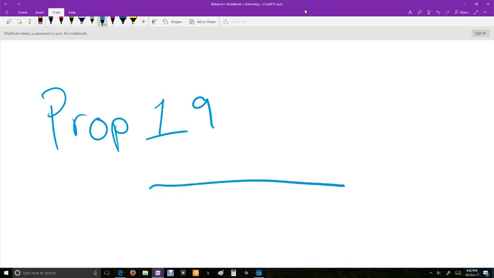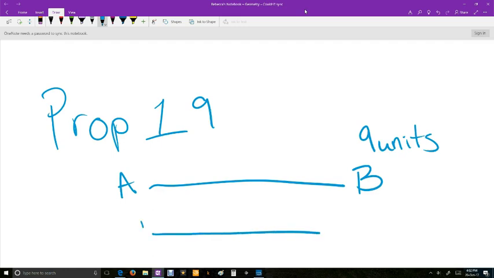We have AB. AB is 9 units long. We have CD. CD is 6 units long. So we can clearly see that CD is 2/3 the length of AB.